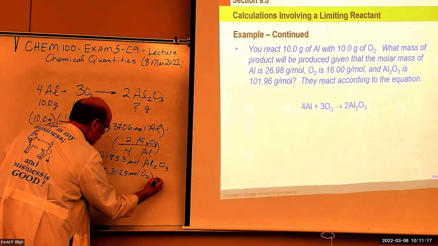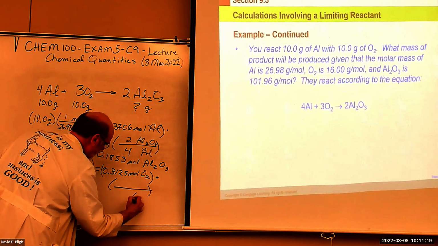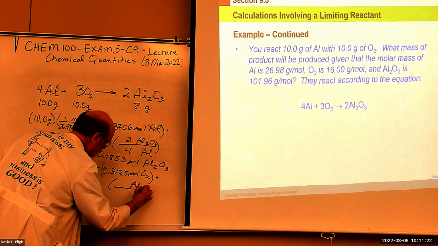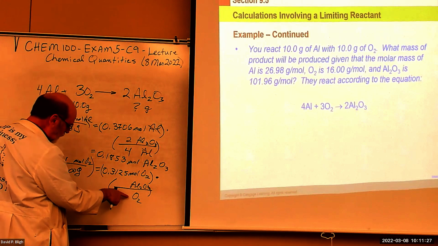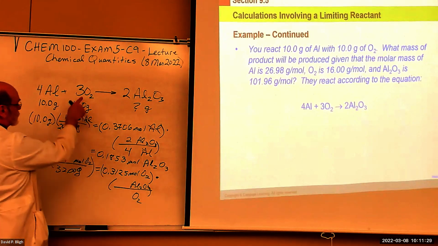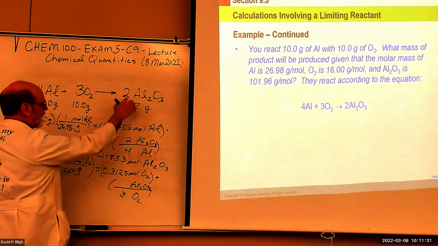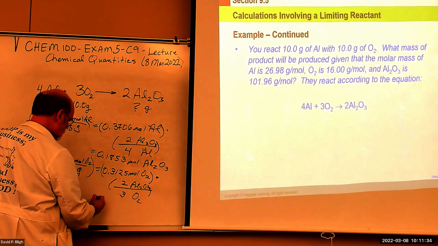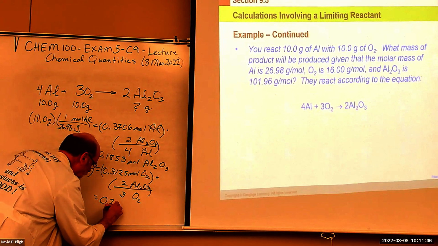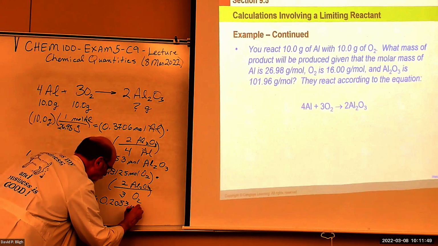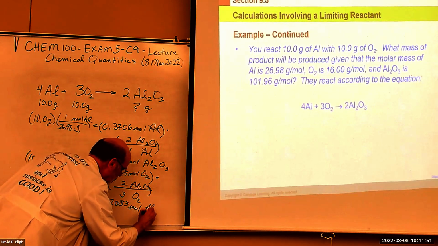Now we want to convert oxygen to aluminum oxide. So the ratio is 3 oxygens and 2 aluminum oxide. So how many moles will that be? 2 times this value divided by 3 is 0.2083 moles of aluminum oxide.